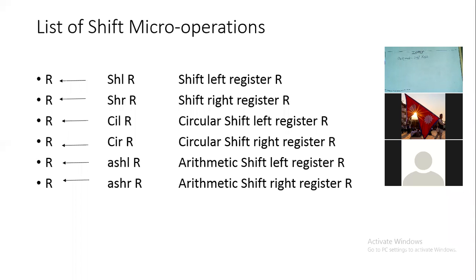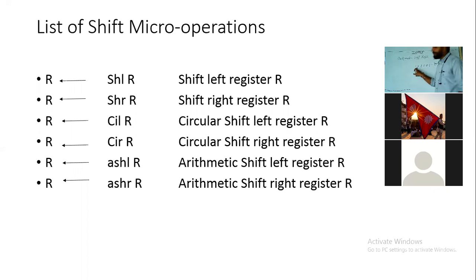In arithmetic shift operation, remember one thing. We have a number. Let us suppose we have the number 1 0 1 1 0 1 1 0. We have 8 bits. This is our data.